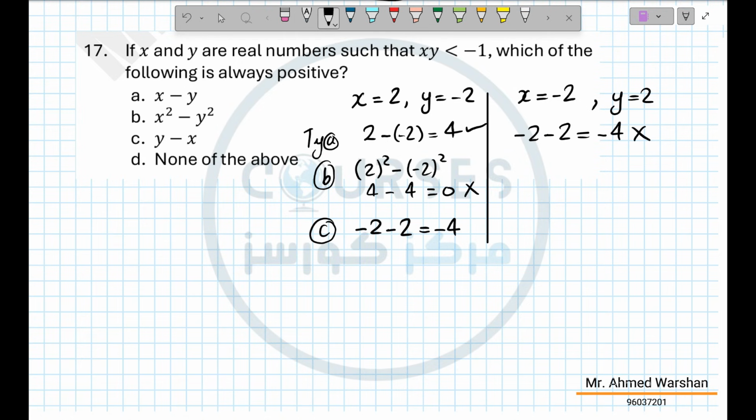So that's -4. So this also fails. So A, B, and C fail. So it's none of the above. One trick they can try here is that they tell you, for example, that x is greater than y. In this case, the answers A and B would be correct.